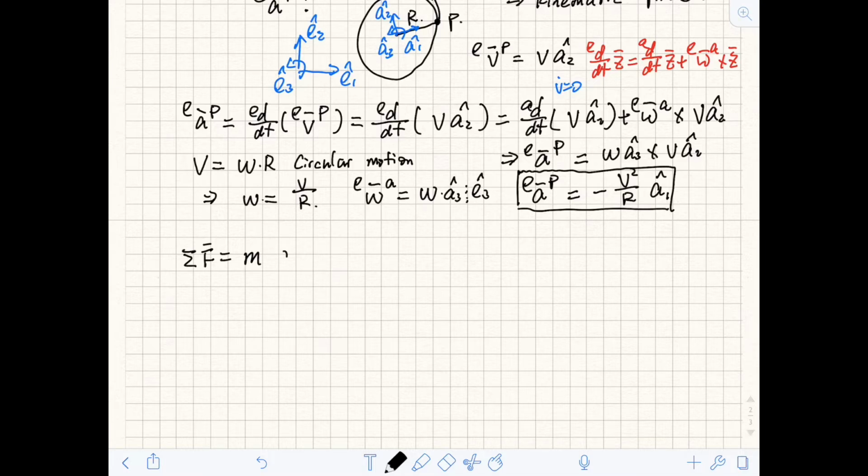Now we have found the acceleration of point P in the inertial frame, which we can simplify as m times a hat. We get the sum of the forces is equal to mass times negative V squared over R in the A1 direction.